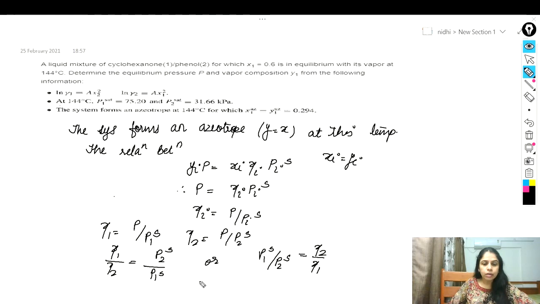Now, when the azeotrope is formed, x1 azeotrope is equal to y1, which is equal to 0.294. Fine. So if x1 is 0.294, then x2 will be equal to 1 minus 0.294, and that is 0.706.